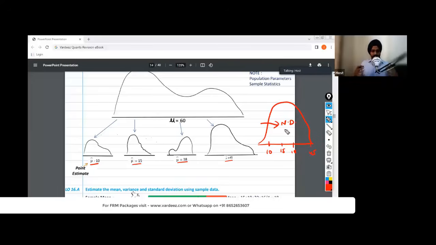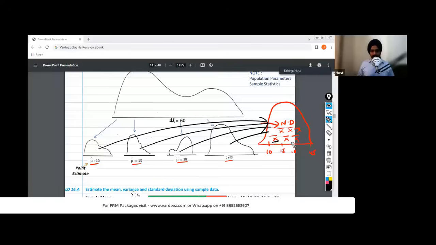So it tells us that as you pick more and more samples, and if you plot the sample means, the X bar, even if the original distribution is not normal, the central limit theorem says that as you pick more samples and create a distribution of all the sample means, which is known as the sampling distribution, the final distribution will look like a normal one.